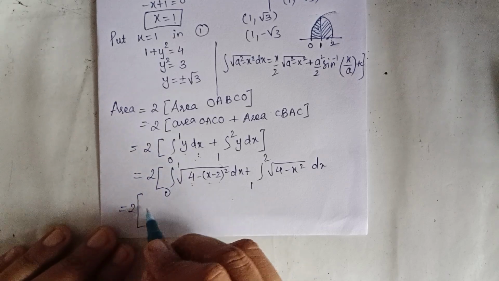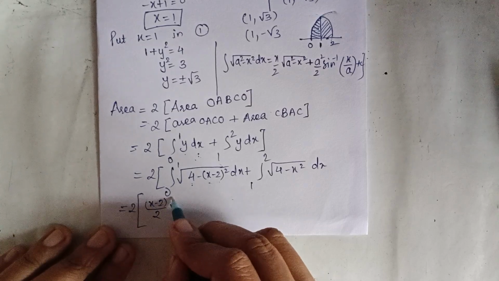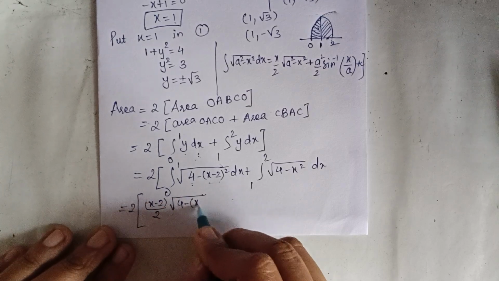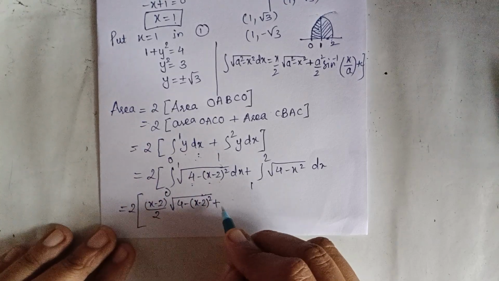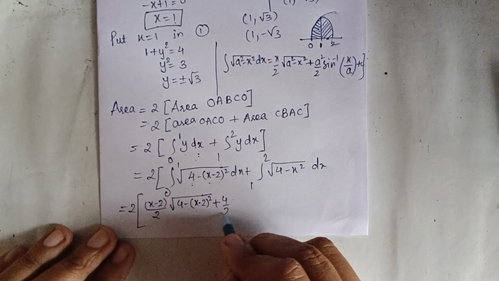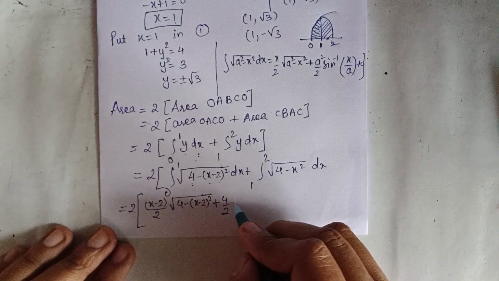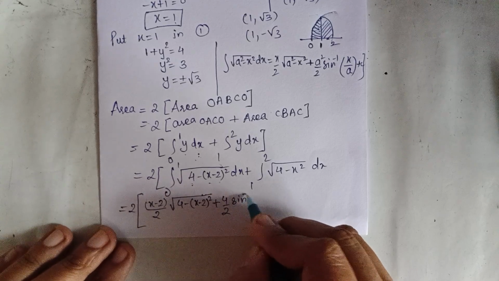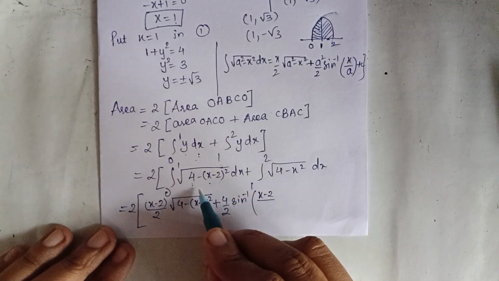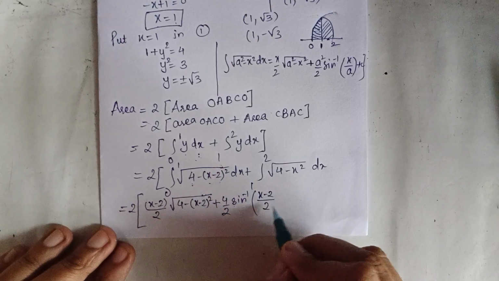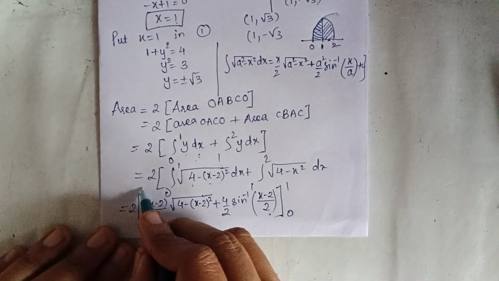So this is x by 2 root of 4 minus x square plus a square by 2 sine inverse x by a, from 0 to 1.